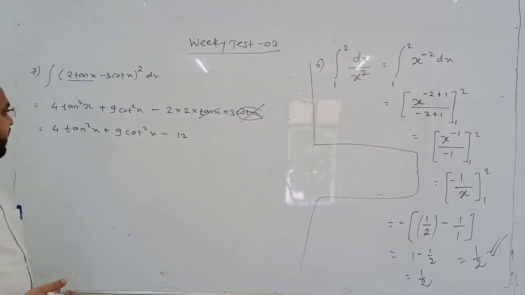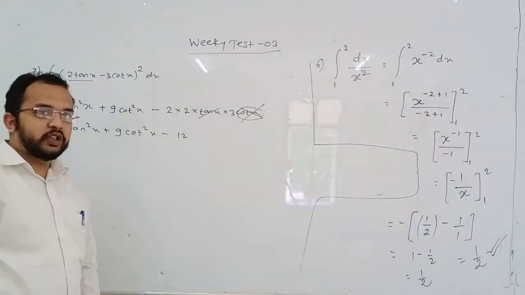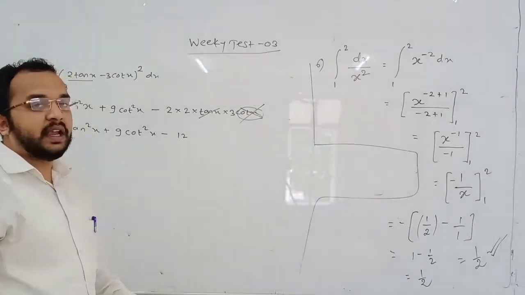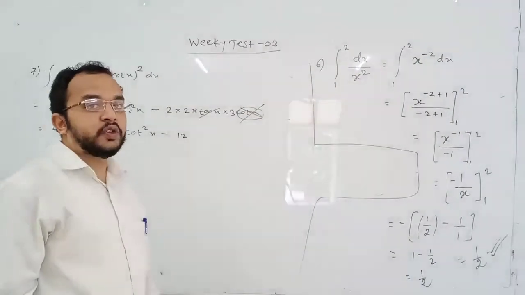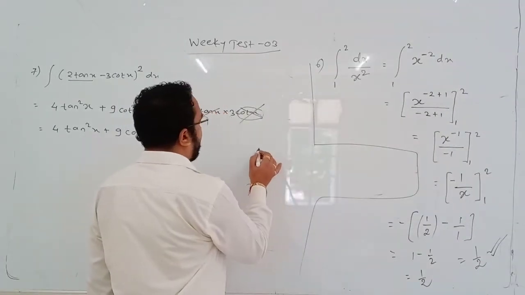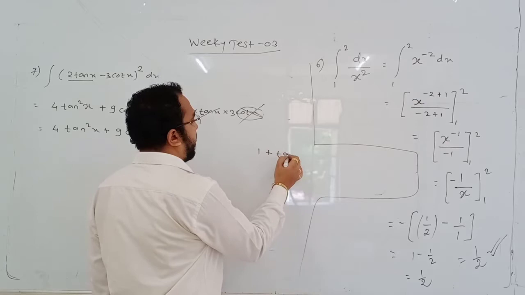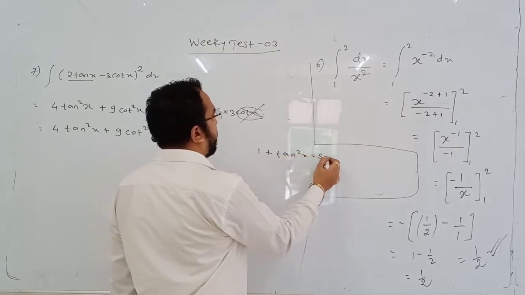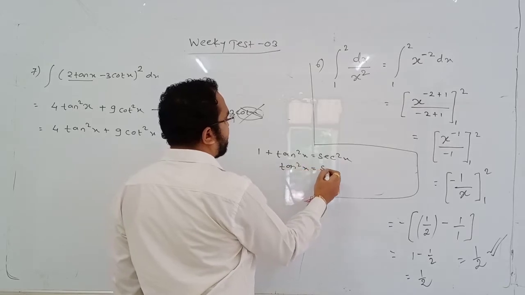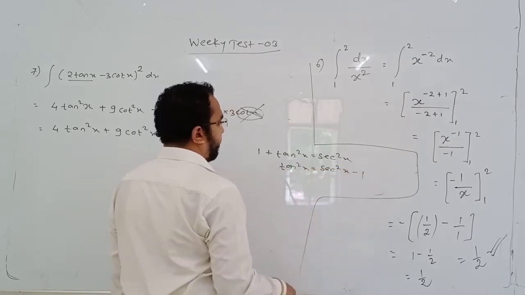We don't have the integration of tan square x, also we don't have the integration of cot square x, but we have the integration of sec square x and cosec square x. So 1 plus tan square x is equal to sec square x, so tan square x is equal to sec square x minus 1.